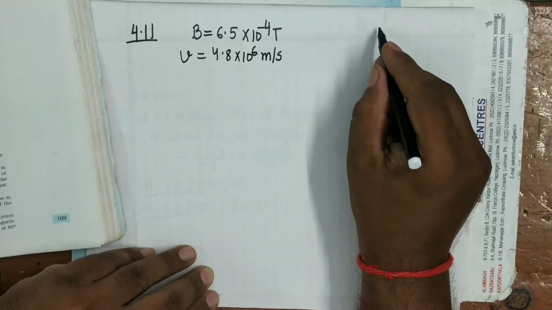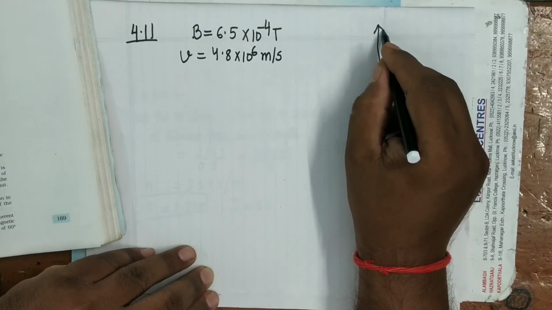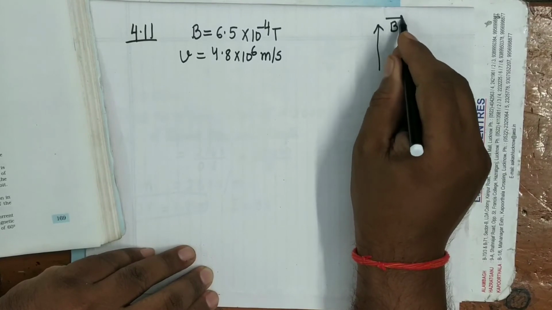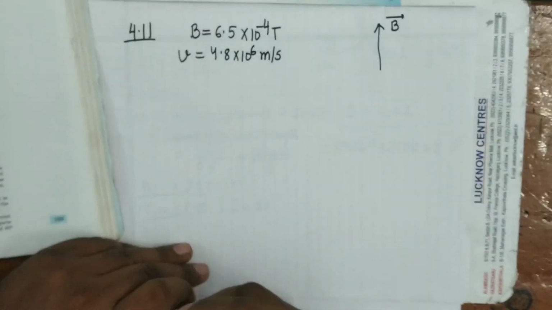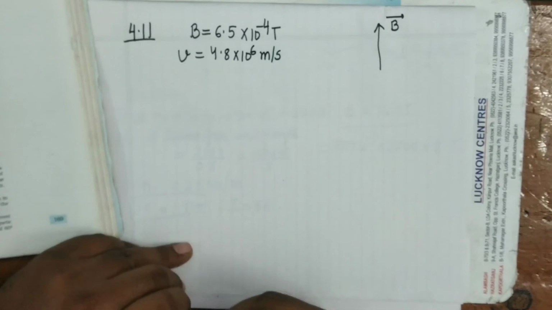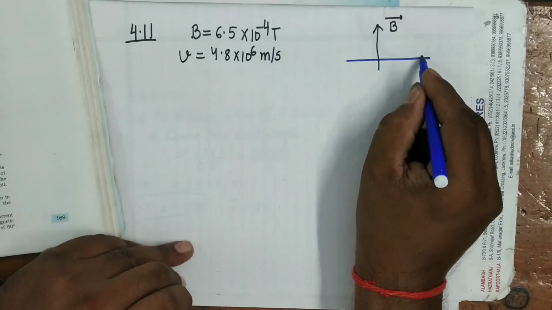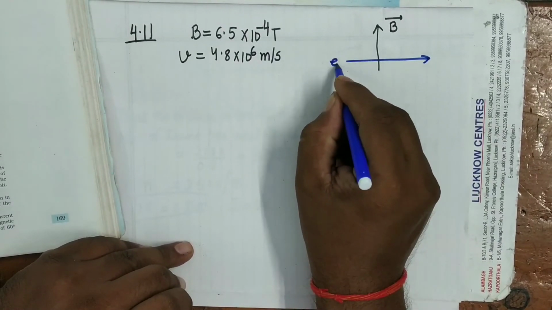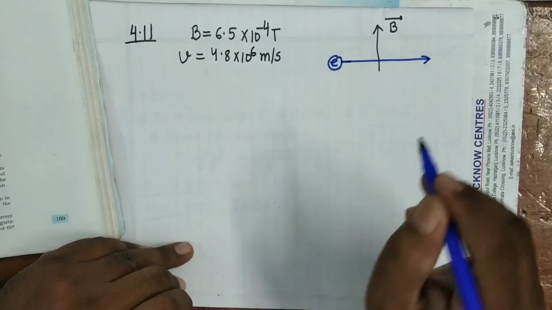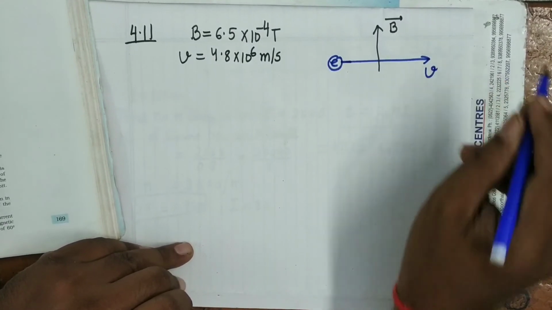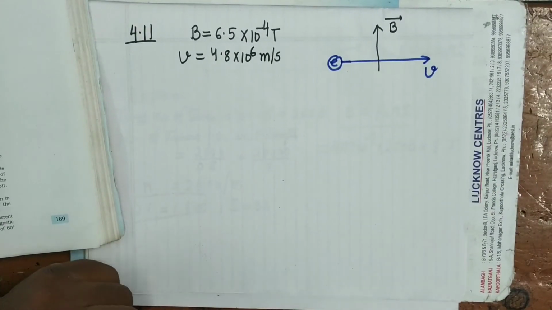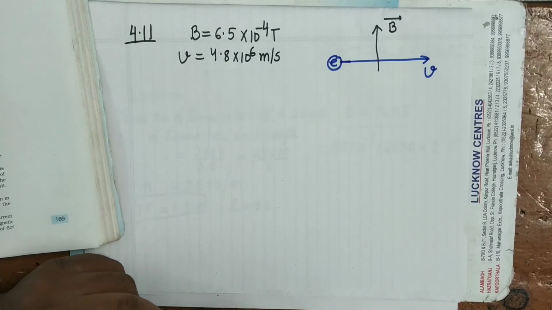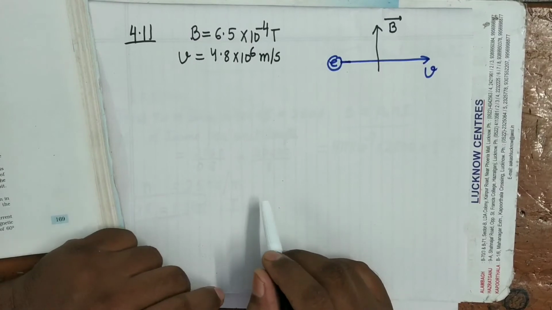Means if the field is in this direction, the electron has been shot normal to the field in this direction. It is moving with this velocity. Means the angle is 90 degree. Explain why the path of electron is a circle.